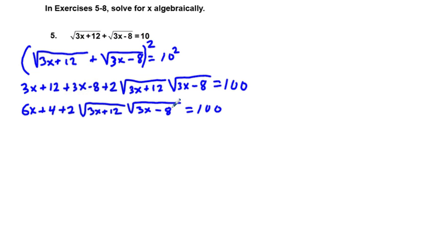The next thing we're going to do is subtract 4 and 6x from both sides of this equation. So subtract 6x, subtract 4 from the left side of the equation.